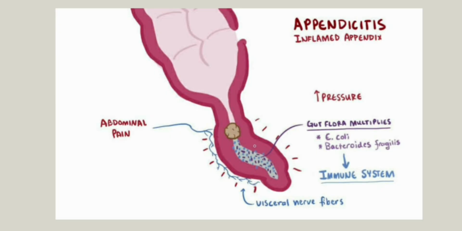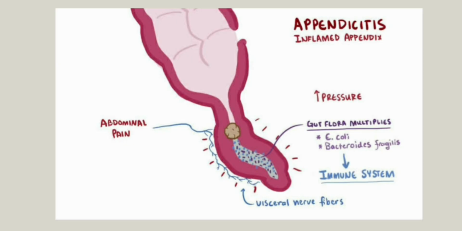So, what happens when there's a luminal obstruction? Because the part of the appendix distal to the obstruction will still secrete intestinal juices, there will be a raised intraluminal pressure, which puts pressure on the walls of the appendix.